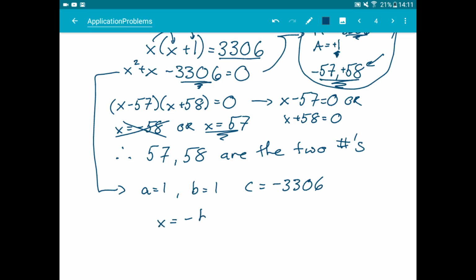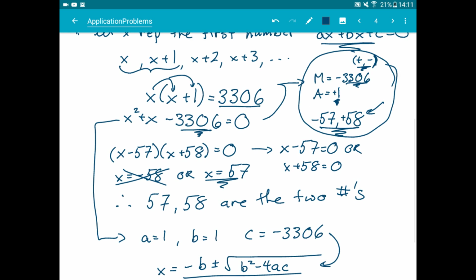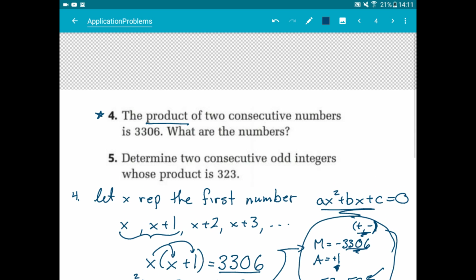So x is equal to minus b plus or minus the square root of b squared minus 4ac all over 2a. You just plug a, b, and c in there, and you'll get your two answers. One of them will end up being 57. The other one will end up being minus 58. So no problem at all if that happens. If you can't factor that easily, then you would just use the quadratic formula.